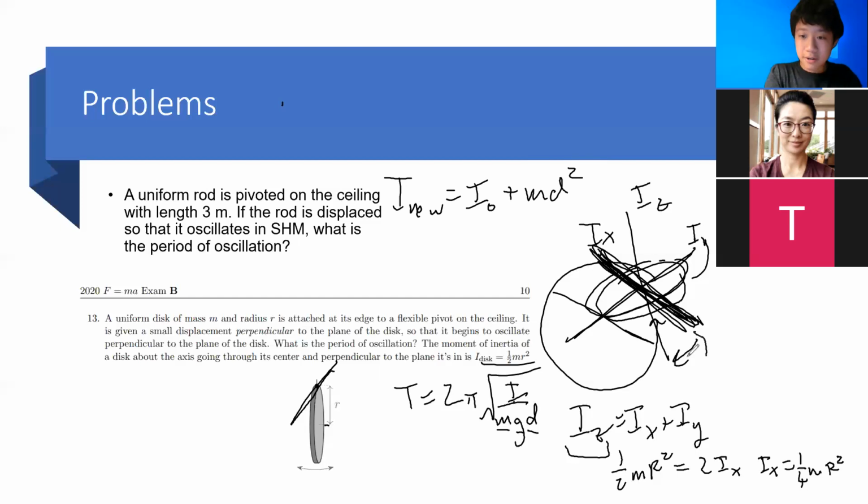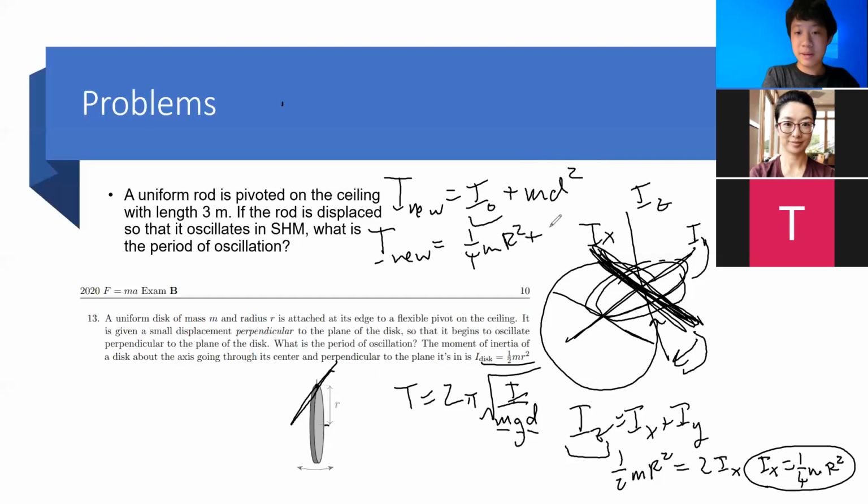The distance is r, so I new equals 1/4 mr squared plus m times r squared, because d is r. And I new will equal 5/4 mr squared. We got it. So now this is the inertia.